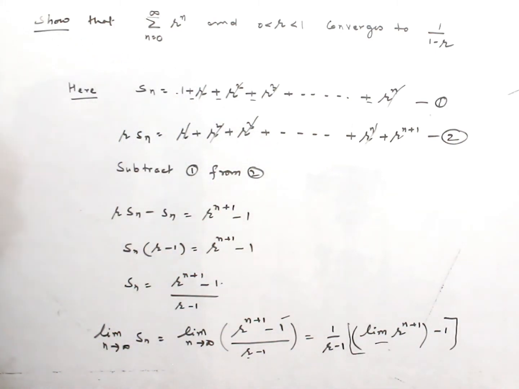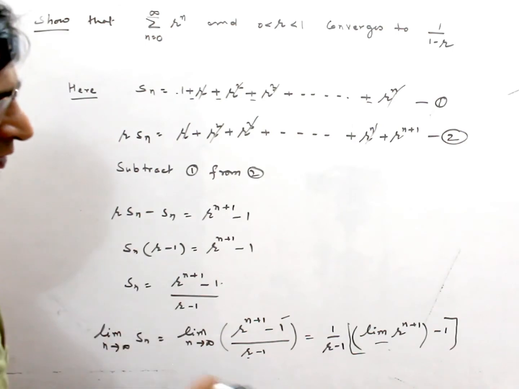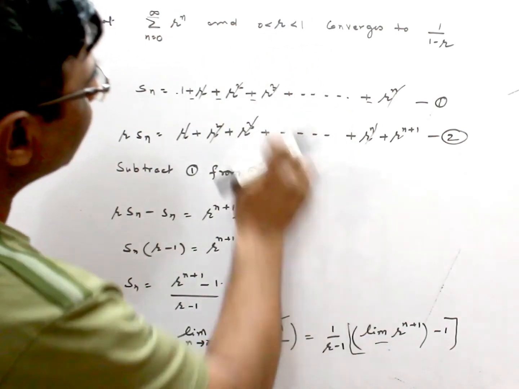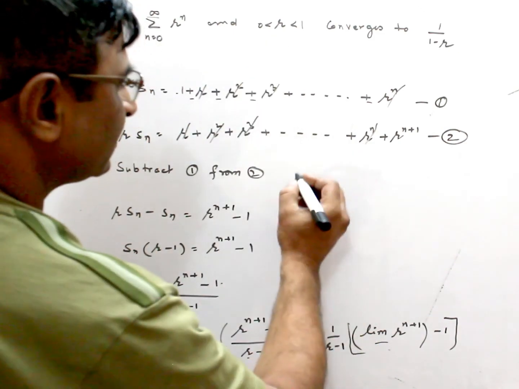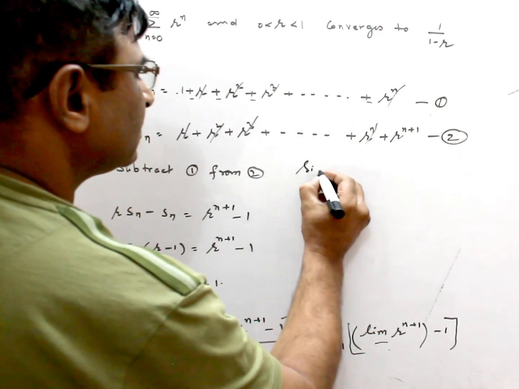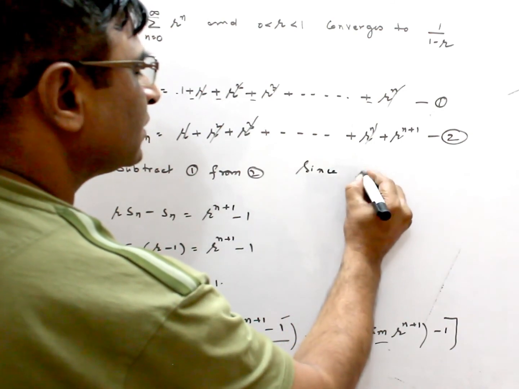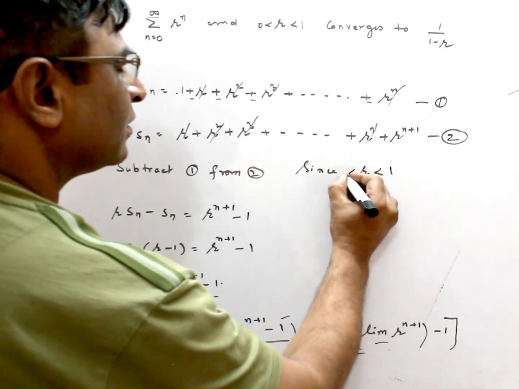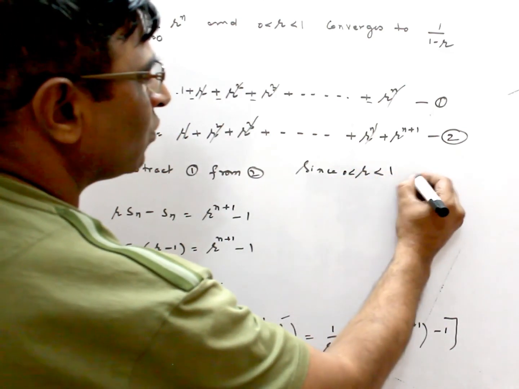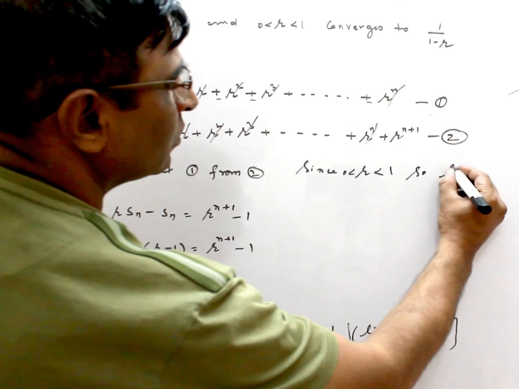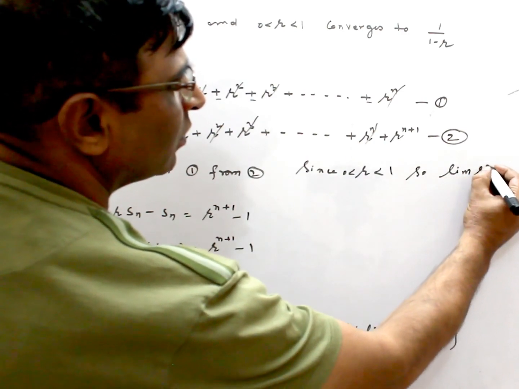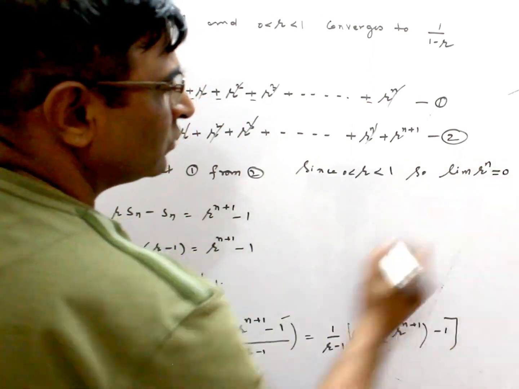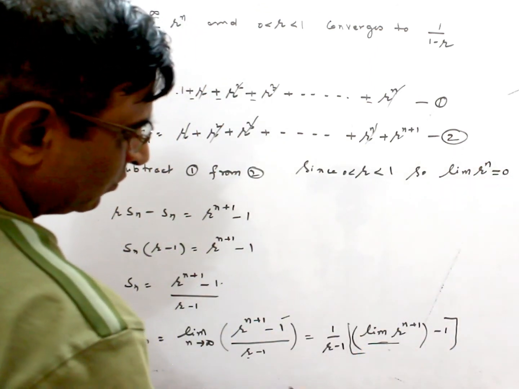Now what happens about this? Because r lies between 0 and 1, since r is less than 1, the limit of r^n as n approaches infinity is 0, so this part becomes 0.